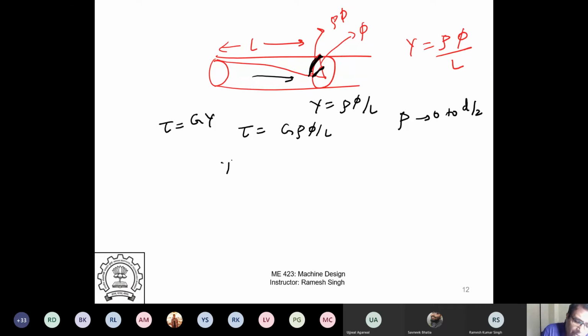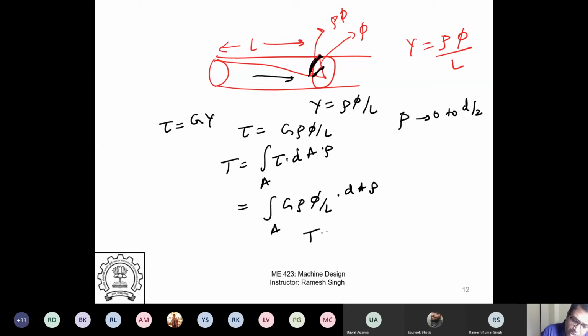Then again, torque will be equal to tau dA into rho over the entire area of the cross section. So basically tau is G rho phi over L, into dA into rho.